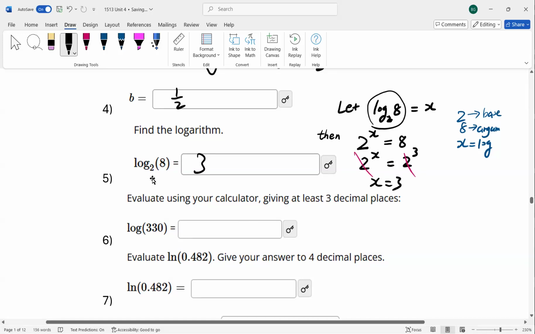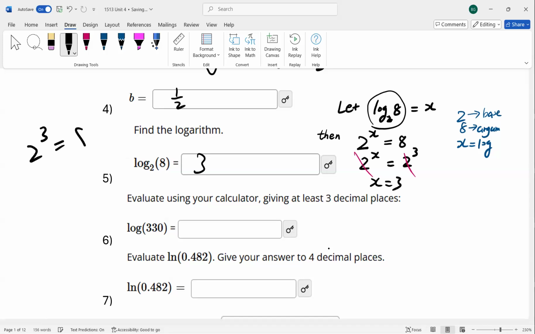The base is 2, the log is 3, so 2 to the power of 3 is the argument. 2 to the power of 3 is 8. I hope you see it. Everybody knows 2 to the power of 3 equals 8. I believe you understand this equation, right?